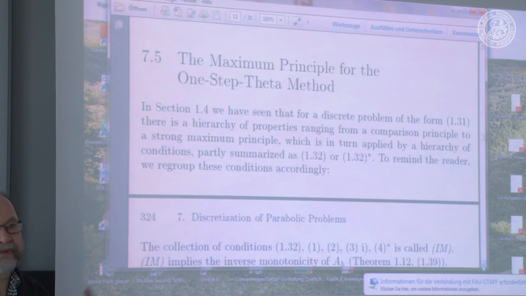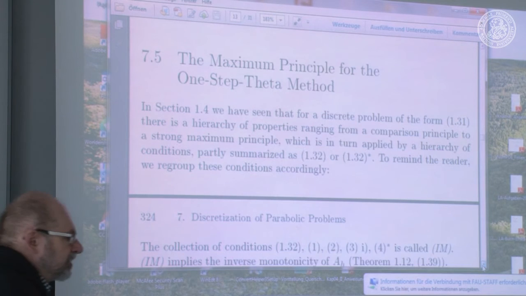Because what do we have to do? We have to look at the corresponding spatial eigenvalue problems. We have to be able to say something about the eigenvalues and about the eigenvectors. And at least in these two cases I mentioned, we could do this very explicitly. One can do this much more generally, but then not explicitly.